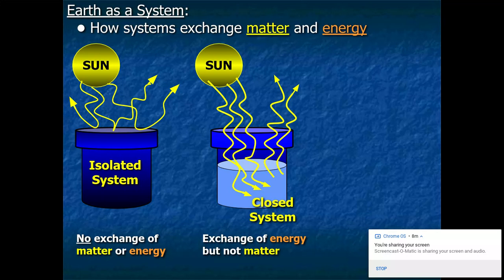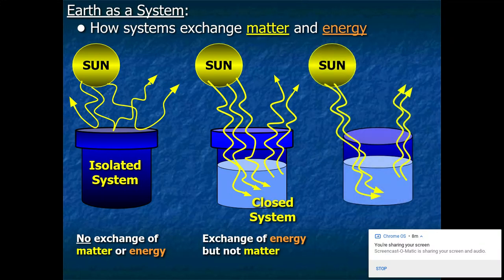Then the third scenario would be that the canister is completely open. And now we're allowing radiation to enter into the canister. Radiation is exiting the canister, but we're going to throw a little twist in here. So if you watch this animation, and I worked very hard on this animation, we are now going to throw some matter in there. And you can see where I threw matter and the matter splashed up.